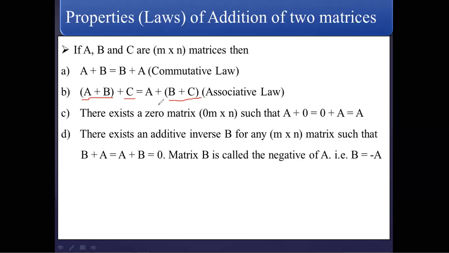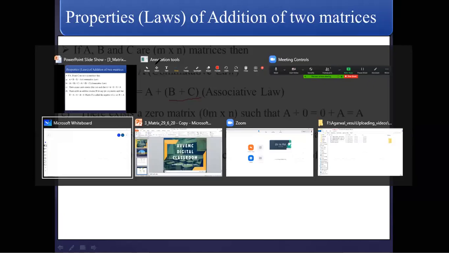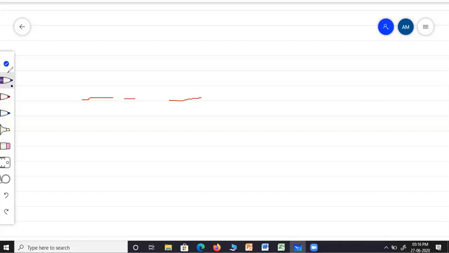Let us check whether this law is true or not. For example, matrix A is equal to 1, 3, 7, 4.